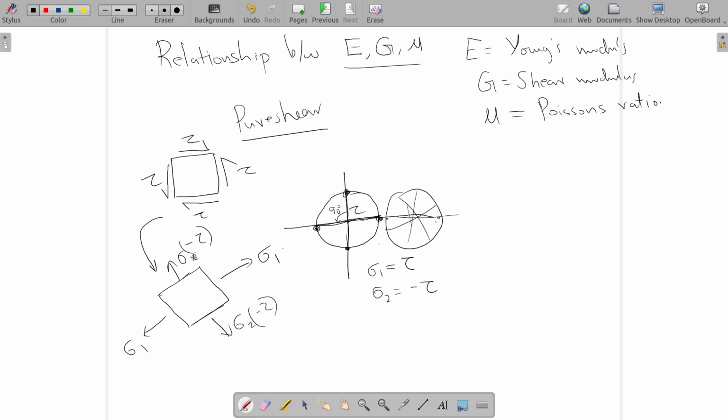Minus tau, so its direction is opposite. So I'm not simply writing a negative to show that. This one is tau, this is also tau, right? So this is where we begin.